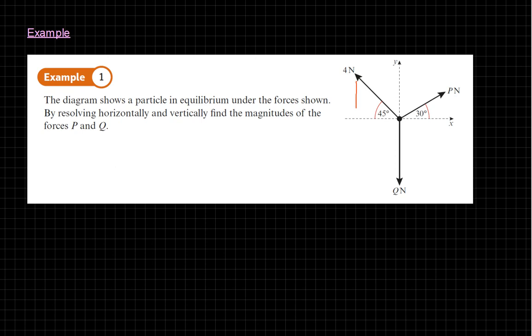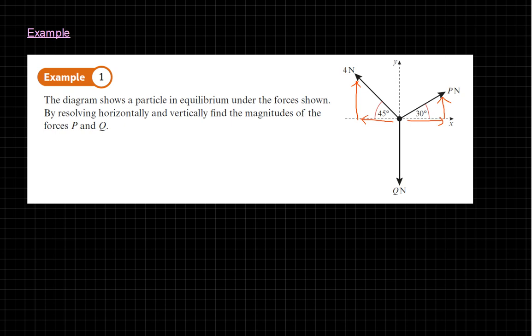If I resolve all of these forces here, okay, so that's the one on the left. This is my P that I'm resolving into 2 components. Q, I don't need to resolve into 2 components because it consists entirely of 1 vertical component and the horizontal component is 0. Okay.